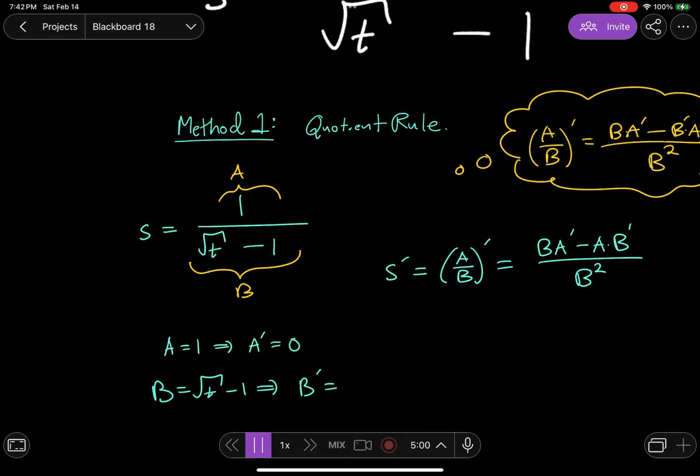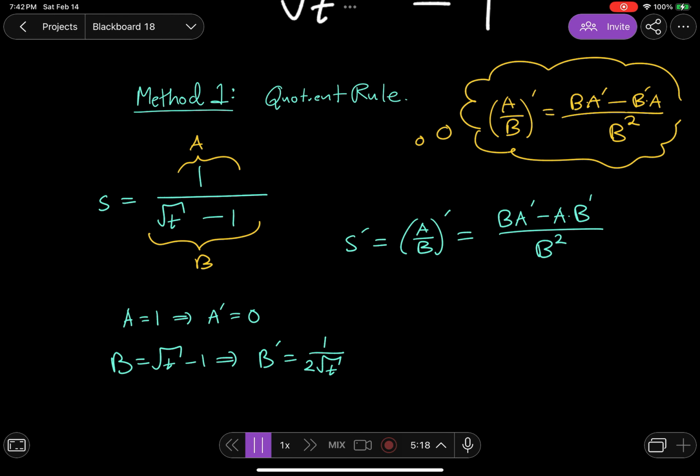It's a constant. And we have the derivative of a sum is the sum of derivatives. So this second function, quote unquote, here will be 0 when we take its derivative. And the square root of t is something we've done many times. So b prime is 1 over 2 root t.